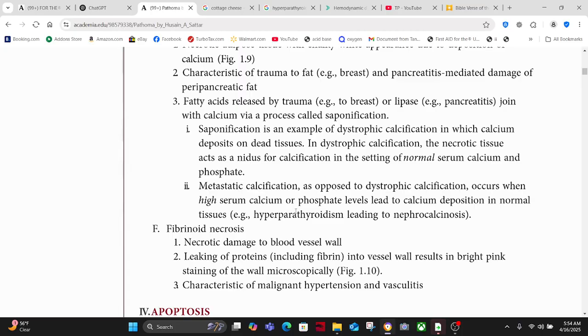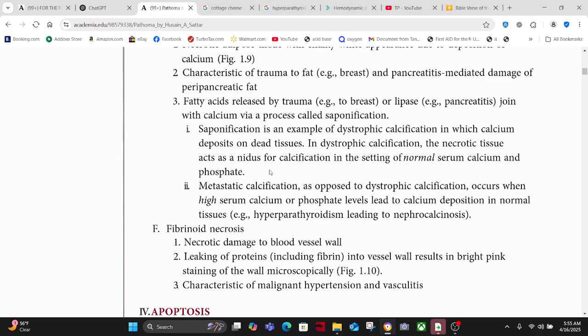That's primary hyperparathyroidism. Even if your calcium is low, it can raise the PTH because the PTH is trying to compensate and bring up the calcium.